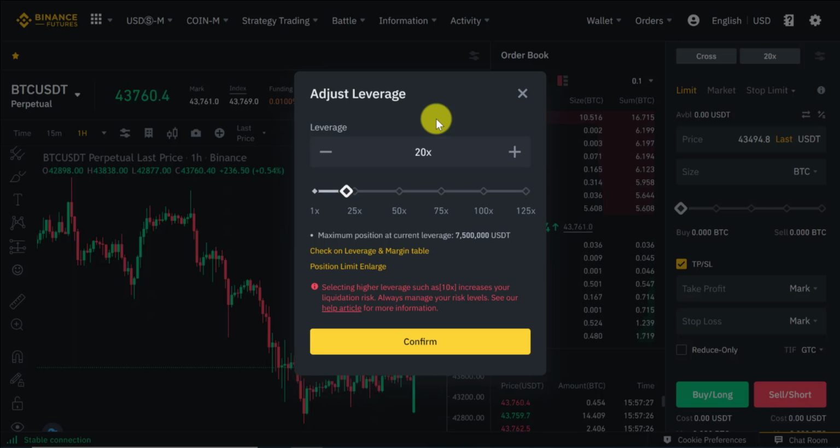And it can work in your favor, it can work against you as well. Because if you're using 20x leverage, your profit, if you were supposed to make $1 before, you're now making $20.